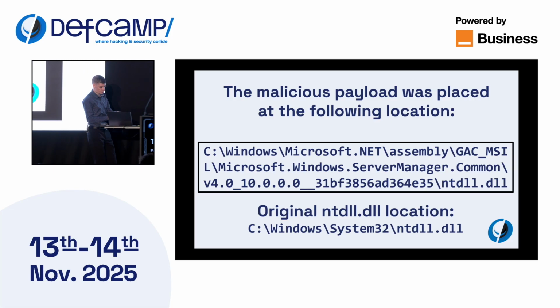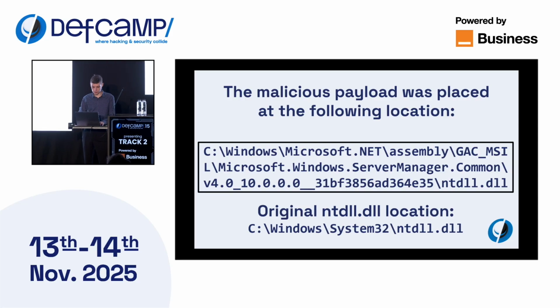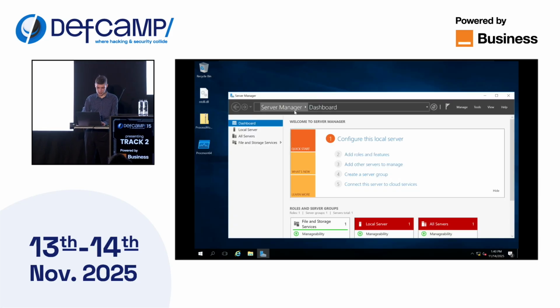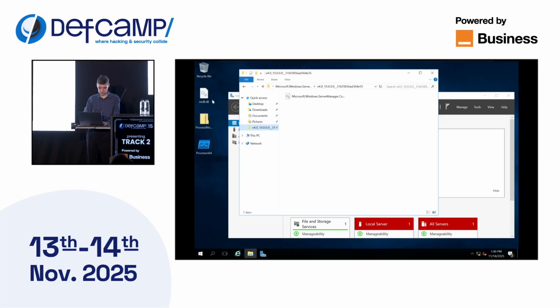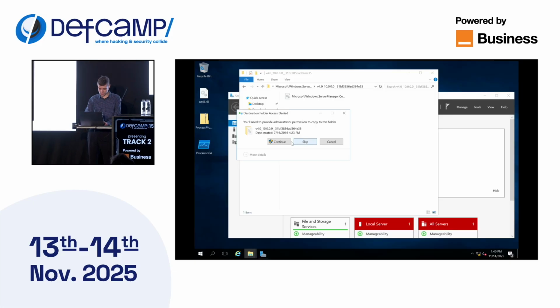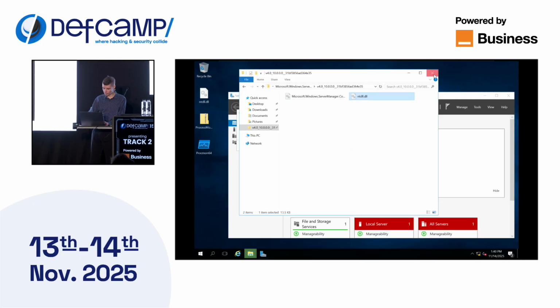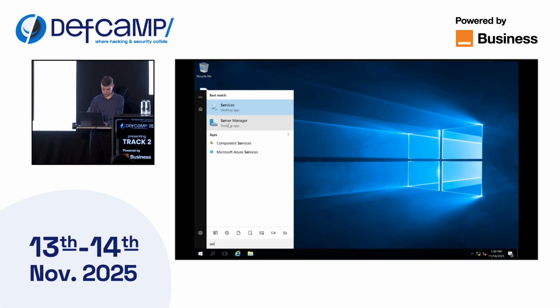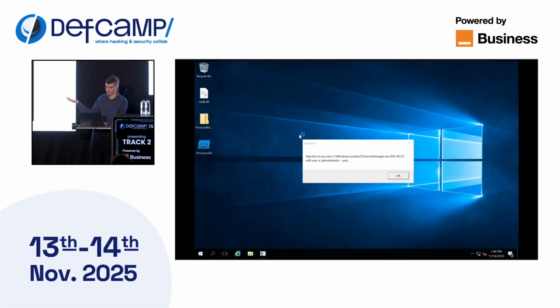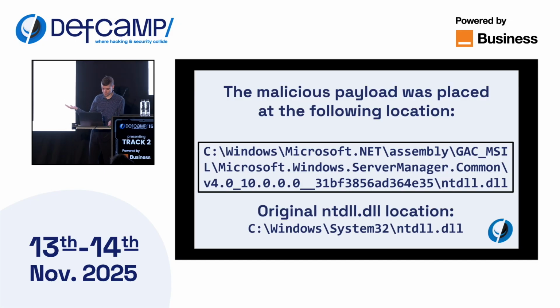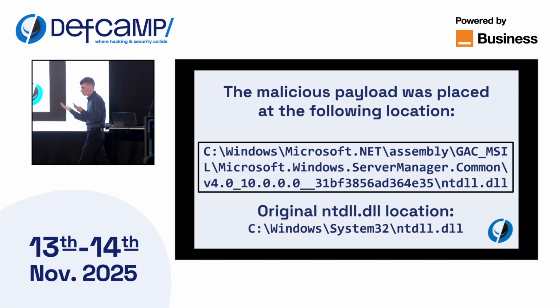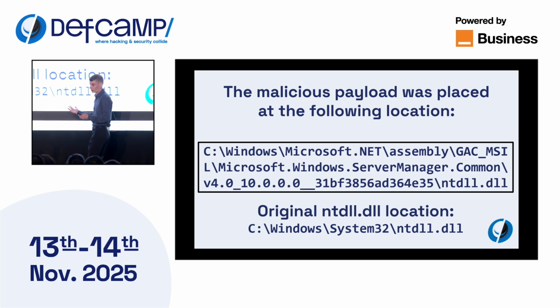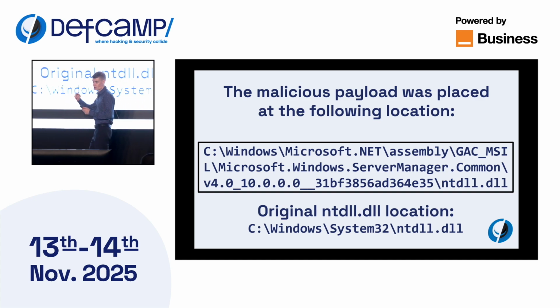Now, what happens if we try to put our test malicious DLL in this directory? We put it, we restart Server Manager, and we see that we have this pop-up. So they put this DLL there to configure persistence on the machine.